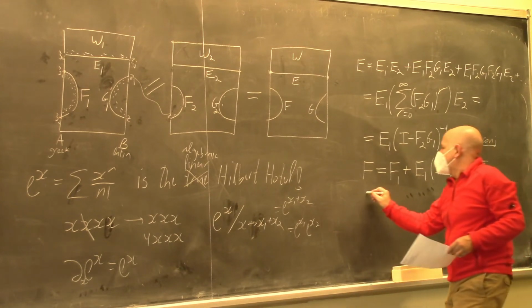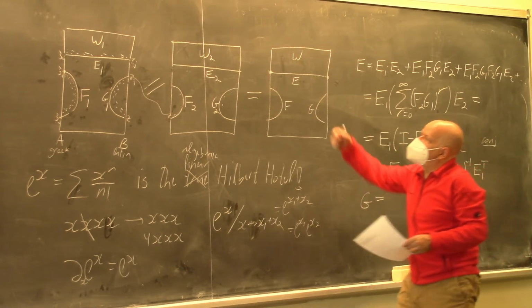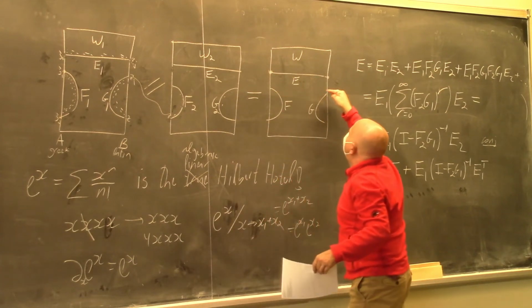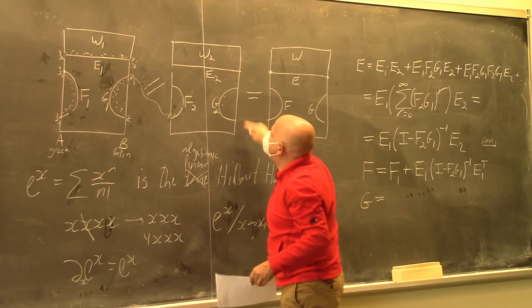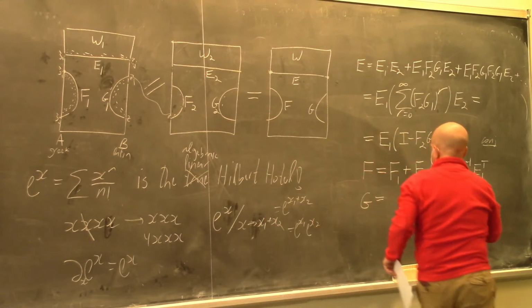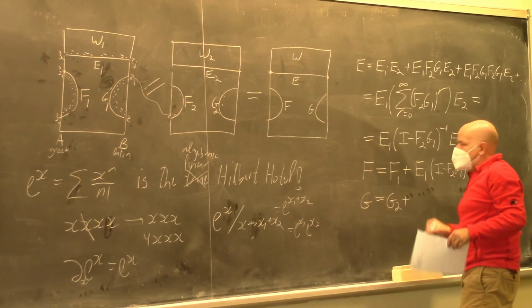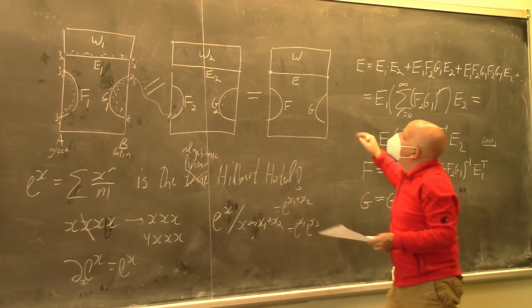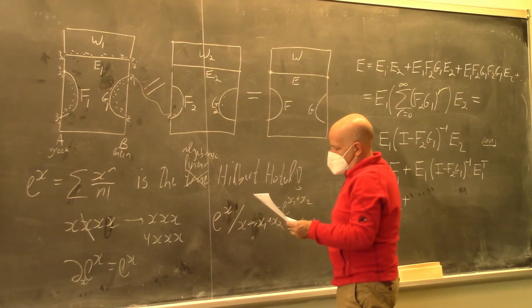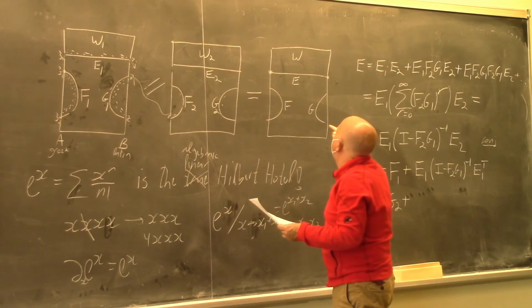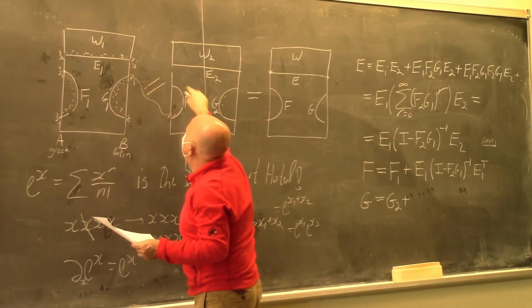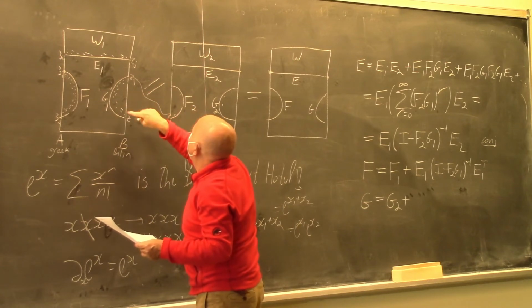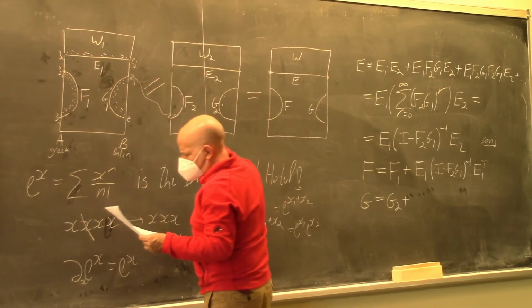Likewise, what's G? G is enter from the right and exit from the right. So if I enter from the right, I can exit immediately via G2. So G will be G2 plus I can go with E2, loop through G1 F2, and eventually exit with E2.